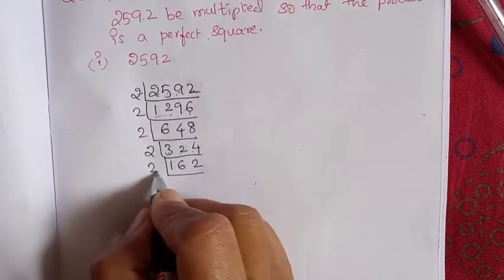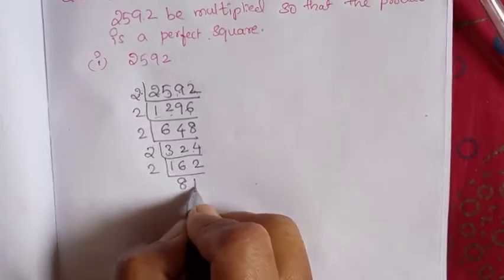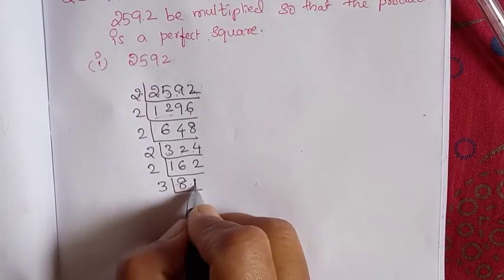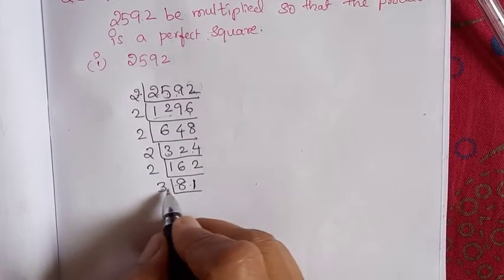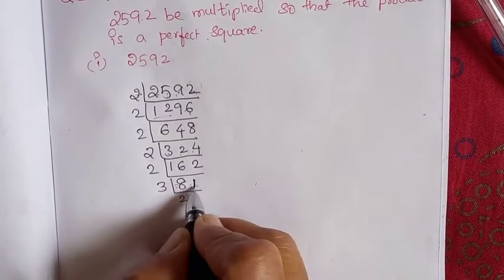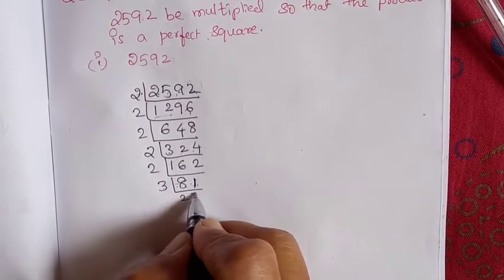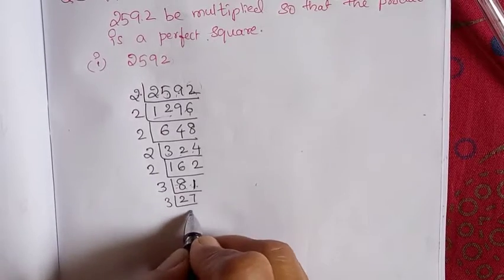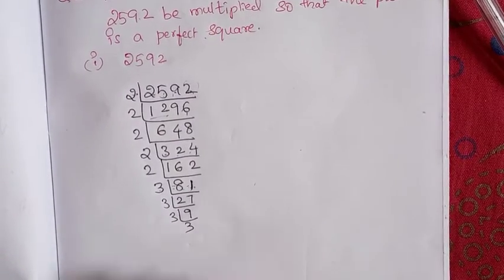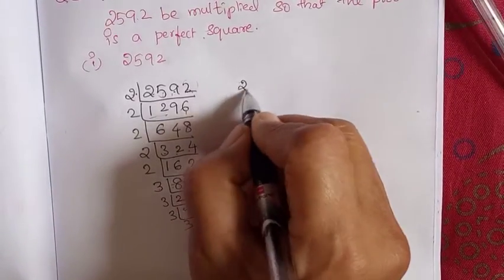Next again 2 eights are 16, 2 ones are 2. Now I can go with 3 because the units place is 1 and 3 will be divisible. 3 twos are 6, 3 sevens are 21, 3 nines are 27, 3 threes are 9. These factors we will write here itself.